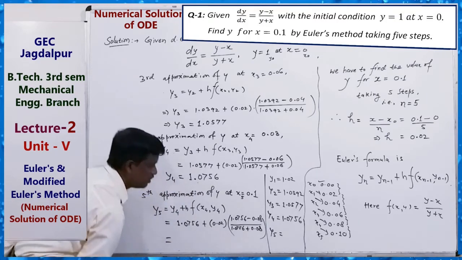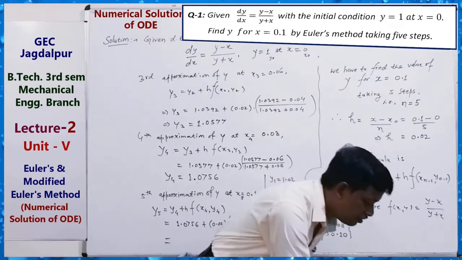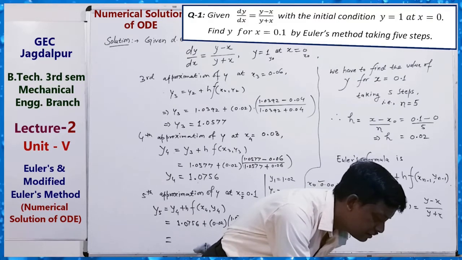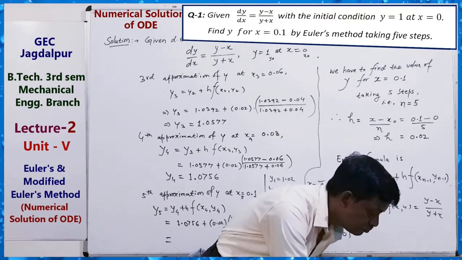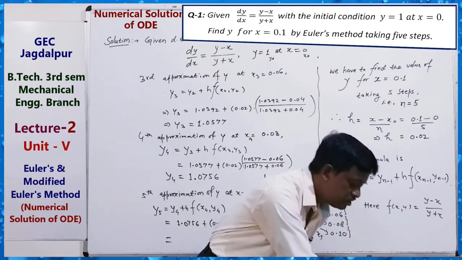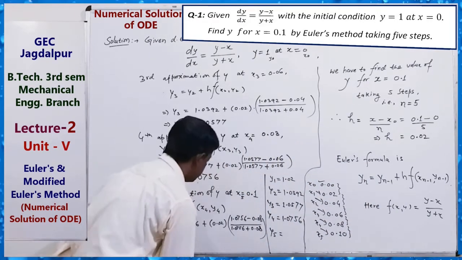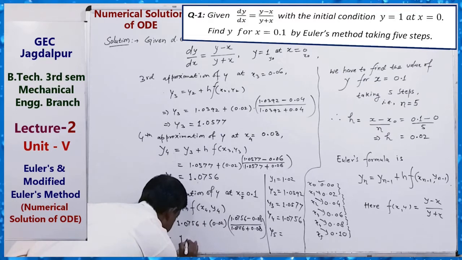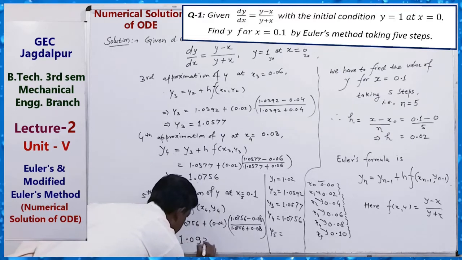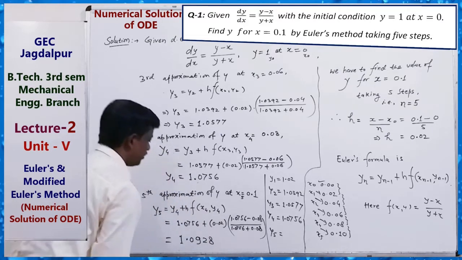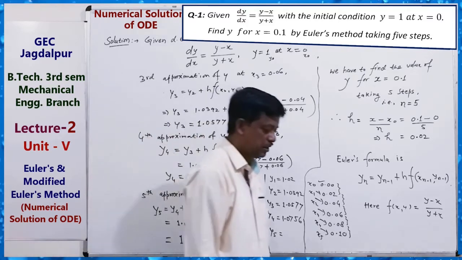Just calculate it and you get the value 1.0928, up to 4 places of decimal.